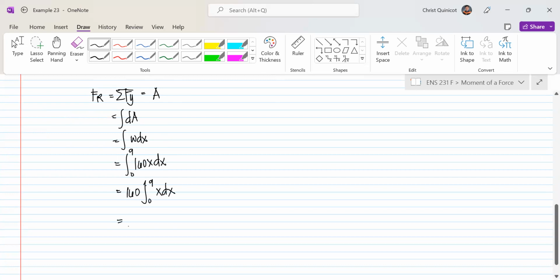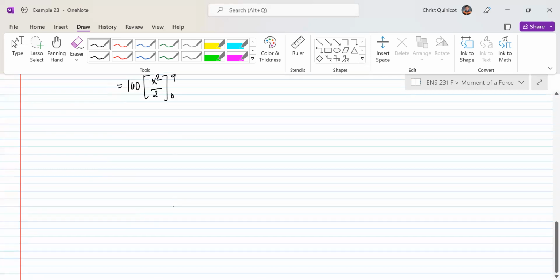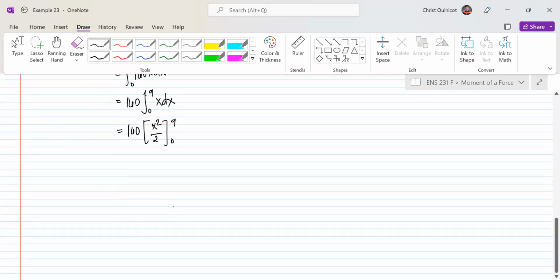So this becomes 160 times x squared over 2 from 0 to 9. Of course, at 0 it becomes 0, so we go straight to 9. So this becomes 160 times 81 divided by 2, since 9 squared is 81.